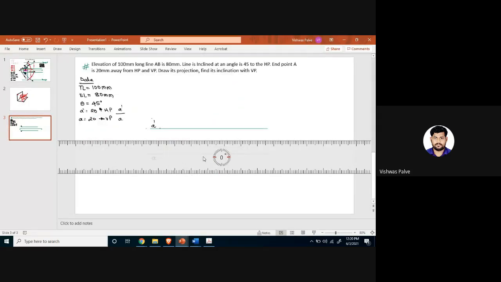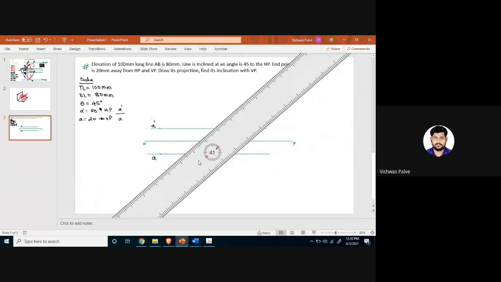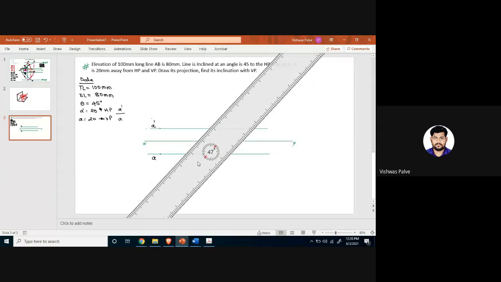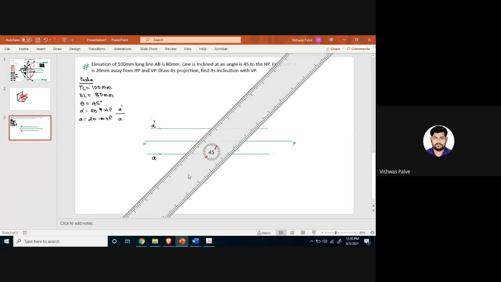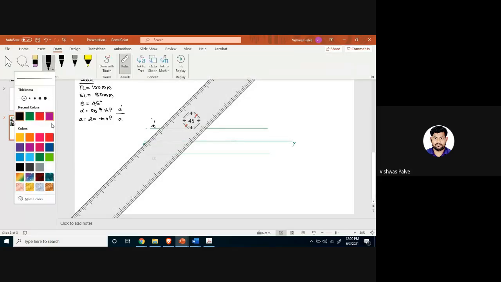You have to use a compass. Draw a 100 mm line. For this I use blue color.